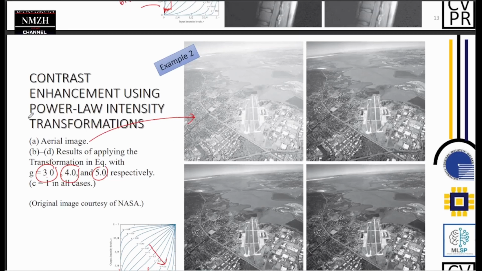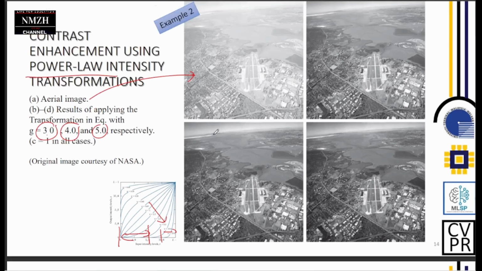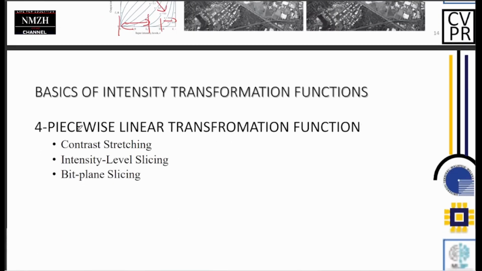By using the power law intensity, we can reduce the high contrast to be a bit darker in order to observe it clearly from the sky, right? That would be the idea of setting the value of gamma to bigger and bigger based on the requirement, from 3.0, 4.0 up to 5.0, right?